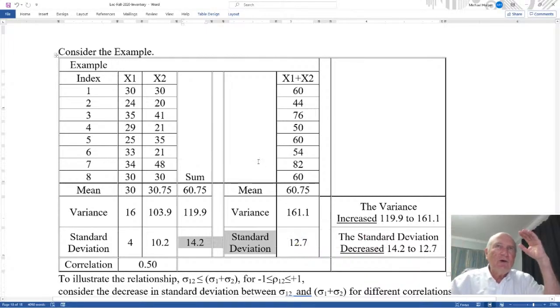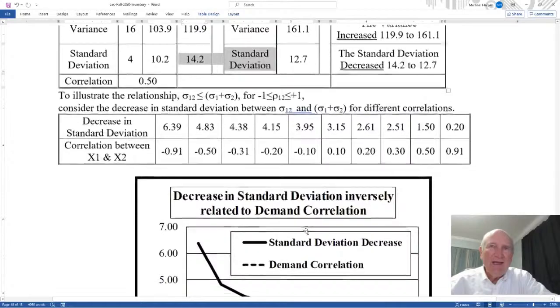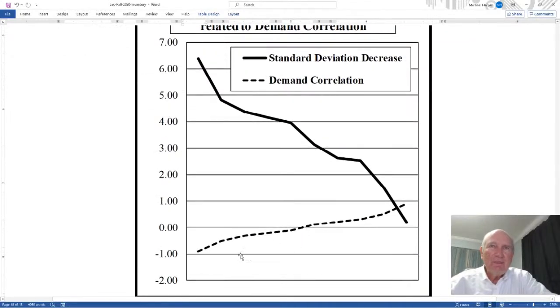As the correlation between these two gets smaller and lower, the standard deviation gets lower, and the savings go up. That's what this graph is saying. When the correlation is 1 here, the standard deviation savings is pretty much 0.